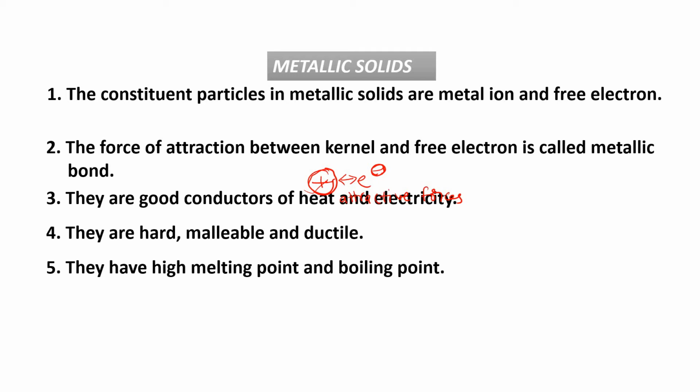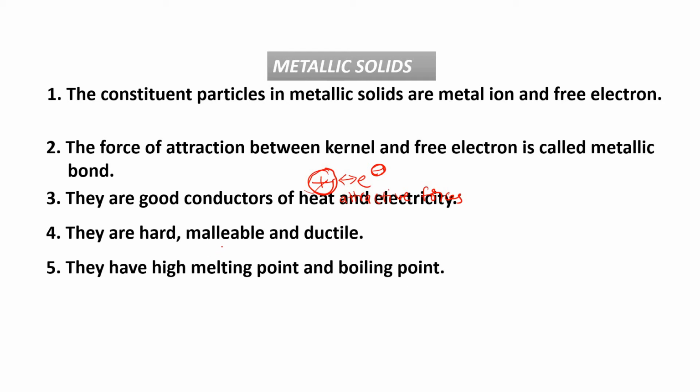Why? Because malleability means what? When you beat that with a hammer, they convert into sheets. This type of behavior is called malleability. And ductility is because of drawing into wires. From 1 gram of gold we can draw a wire of kilometers, isn't it? That is called ductility here.